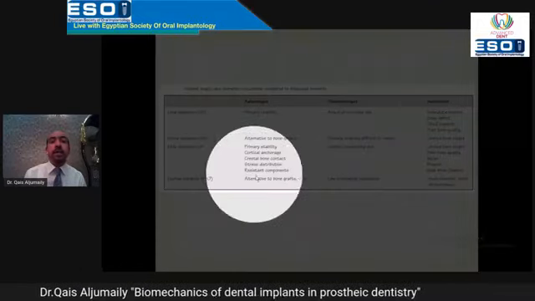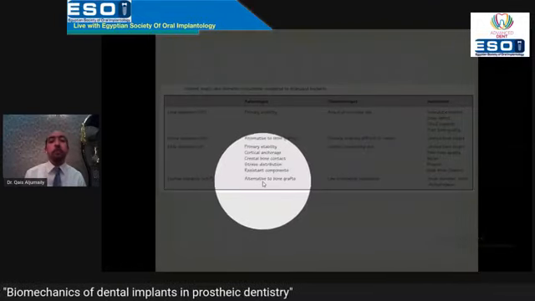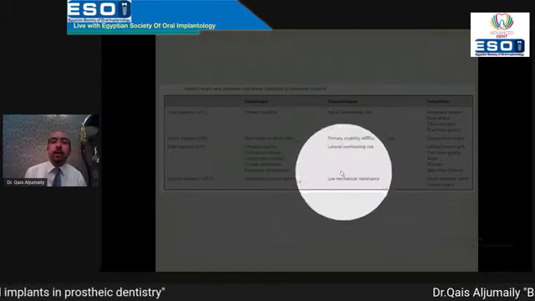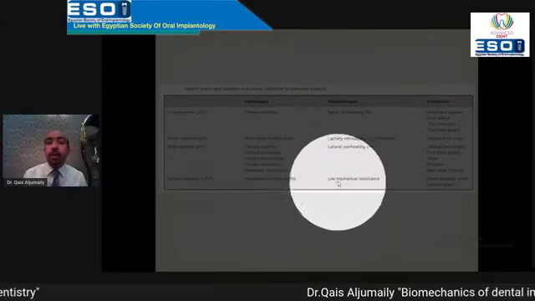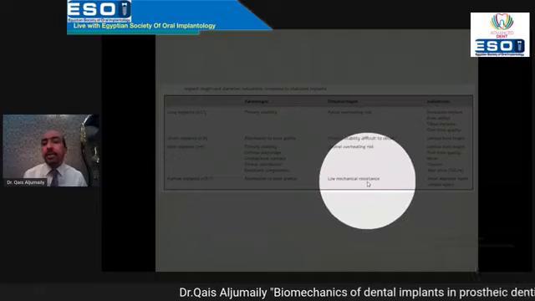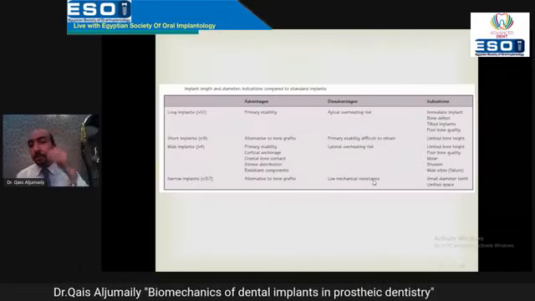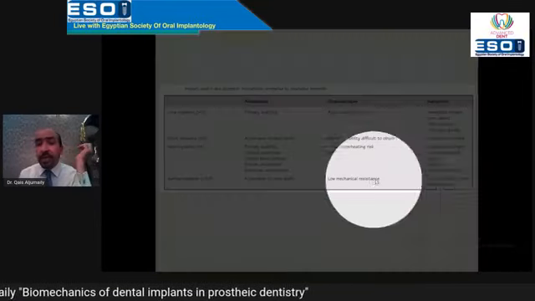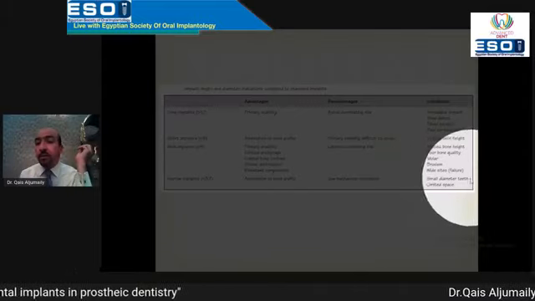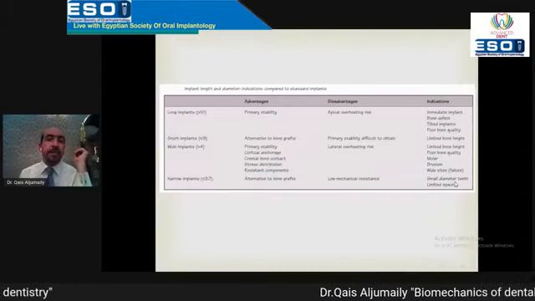A narrow implant, sometimes you have to use it to avoid vertical bone grafting, but the problem here is the low mechanical resistance, and the indication is when you have small diameter teeth and limited space.